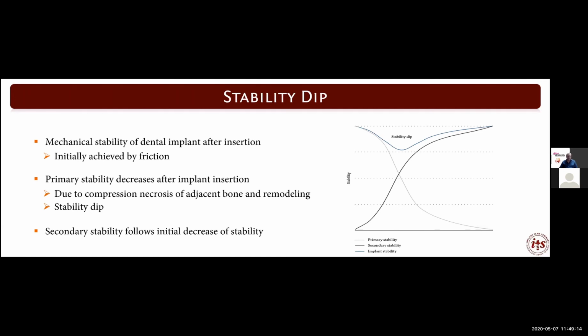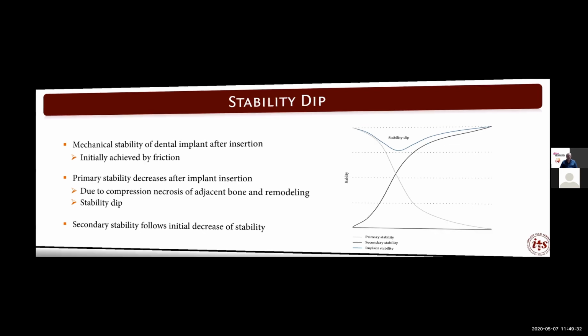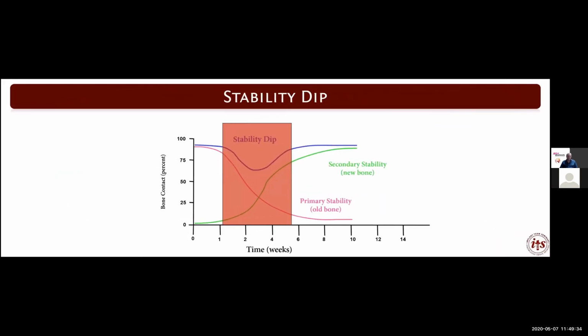This process can continue up to 3 to 6 weeks, during which the implant is less stable than when it was initially placed. This is the stability dip. Secondary stability follows when there is osteoblastic activity to lay down new bone. Because of the stability dip, there is a no loading zone that can extend up to about 6 weeks following placement of the implant.